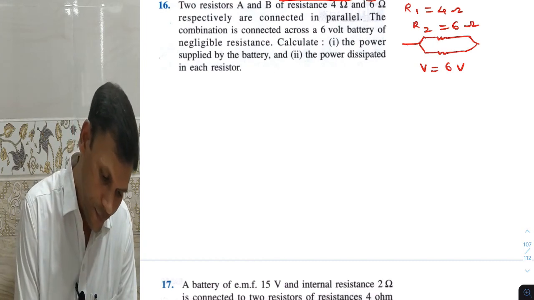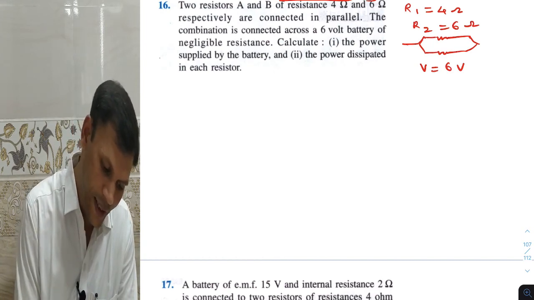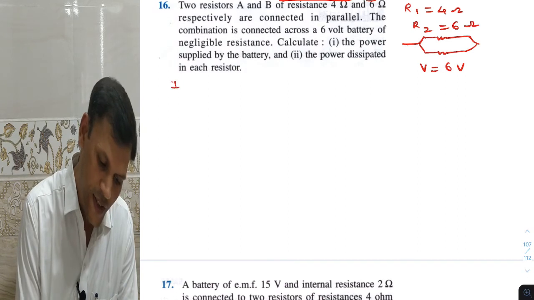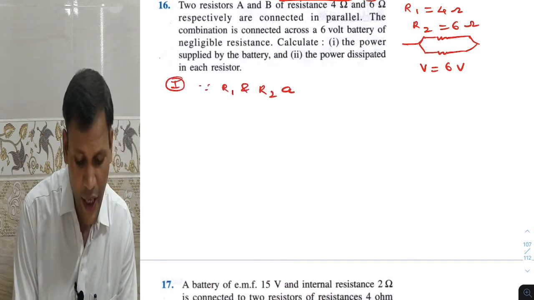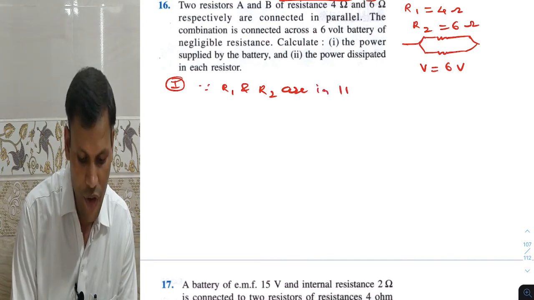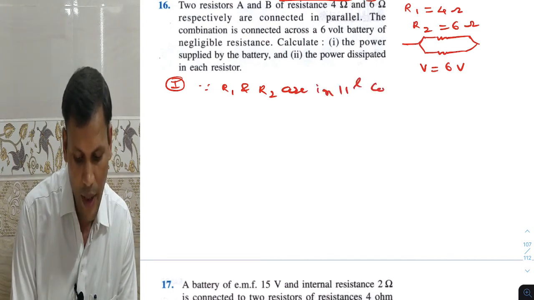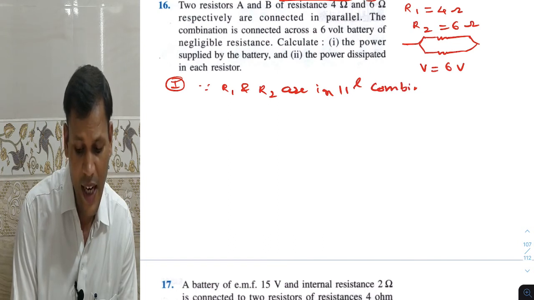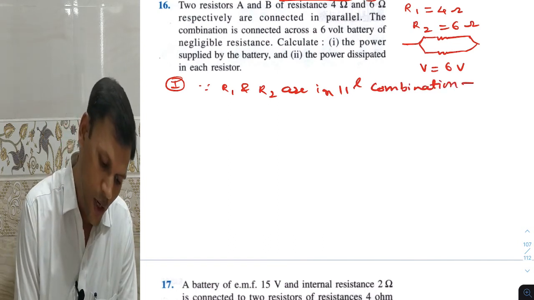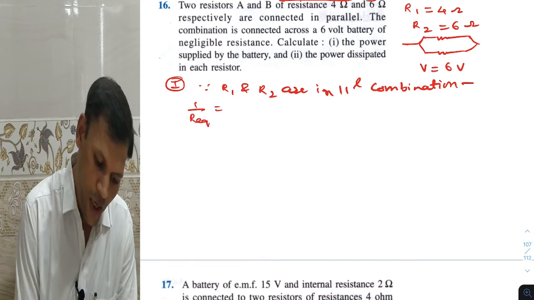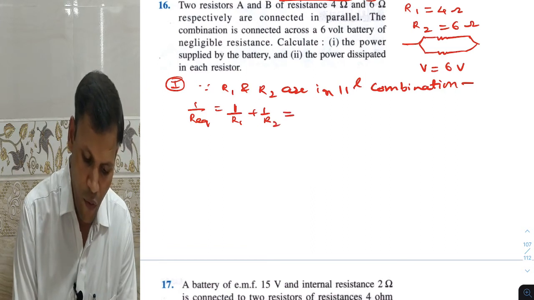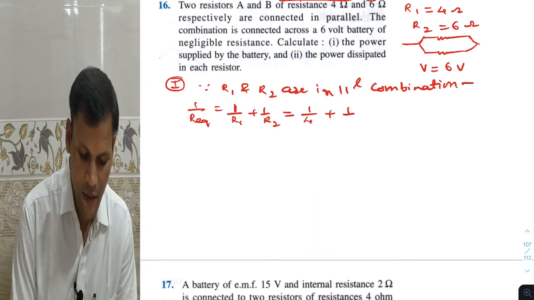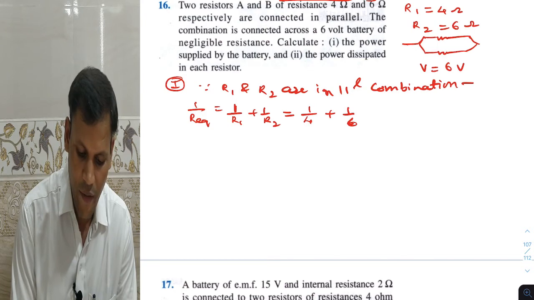Net resistance of these two parallel combinations. So for first part I can write, since R1 and R2 are in parallel combination, 1 upon R equivalent is equals to 1 upon R1 plus 1 upon R2, 1 upon 4 plus 1 upon 6, that will be 10 by 24.